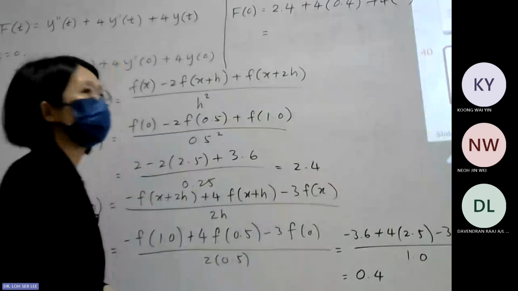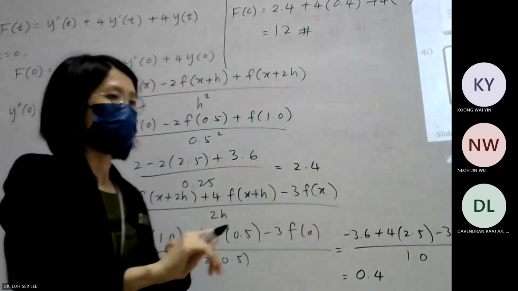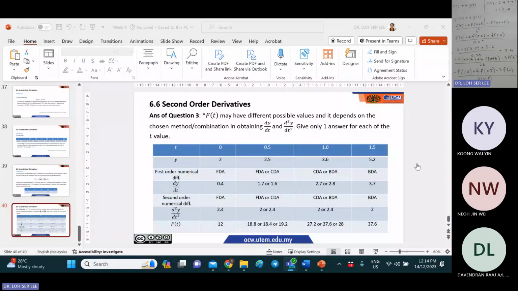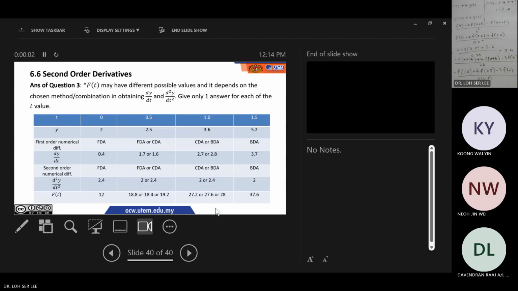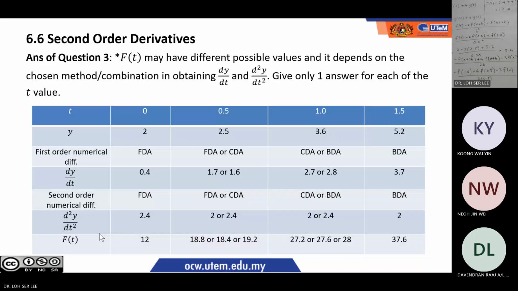You get 12. Now look at this table once again: for t equals 0, y is 2, y prime is 0.4, y double prime is 2.4, so your f(t) is 12.